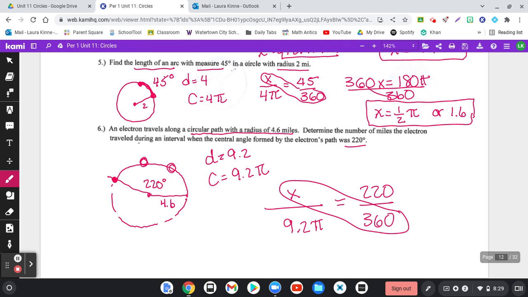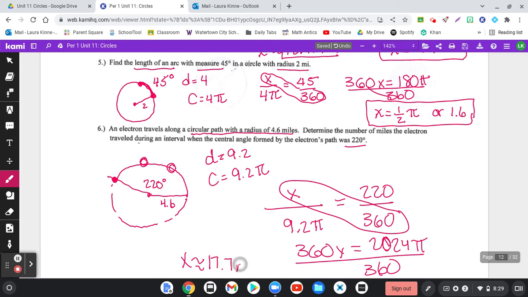Cross multiply. It's 2024 pi. Divide by 360. And we get approximately 17.7 miles.